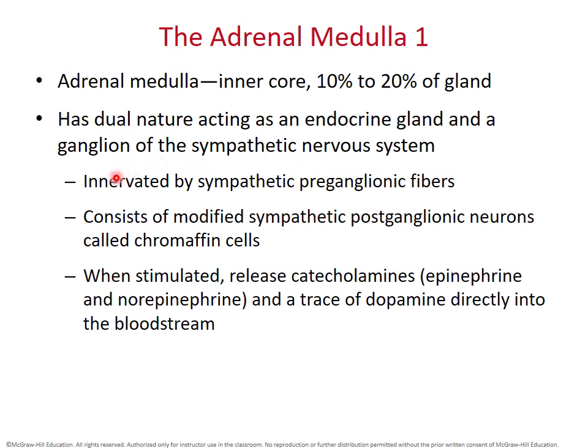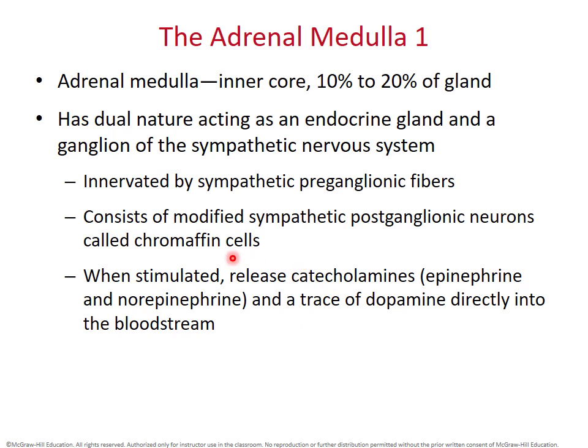What we're seeing here is that you have a preganglionic neuron only that is not stimulating a second sympathetic neuron, but instead stimulating the adrenal medulla. The adrenal medulla then goes ahead and acts like the second neuron of the sympathetic nervous system, but instead of releasing norepinephrine at a synapse, releases epinephrine and a little norepinephrine as a hormone.